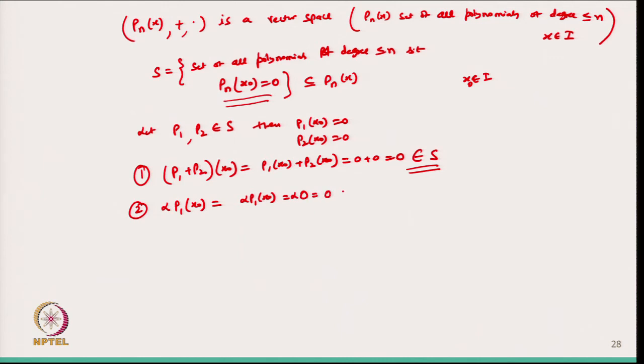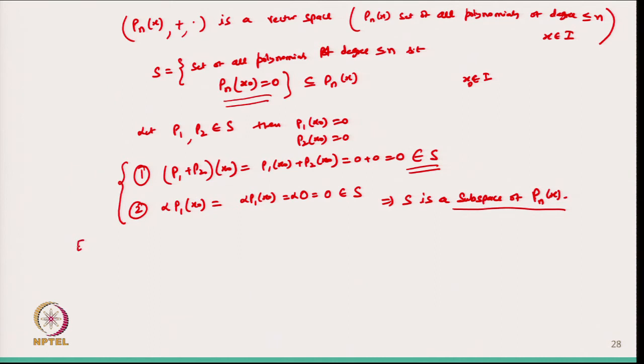So, that is equal to 0, which means it also belongs to S. So, vector addition and scalar multiplication are defined for the set S. From here I can say that S is a subspace of the vector space P n x. So, in this example, it makes a subspace.